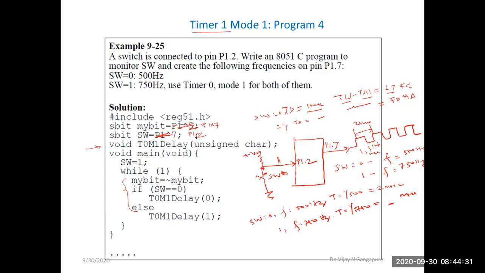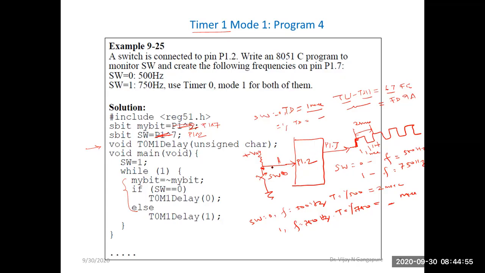So SW is P1 caret 2 and mybit is P1 caret 7. Now mybit is the inversion of mybit. Mybit is P1.7, which means whatever data is on this pin I'm inverting. If previously it is 0, I'm making it 1.